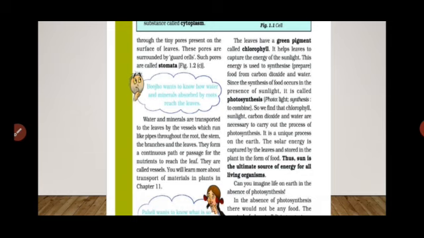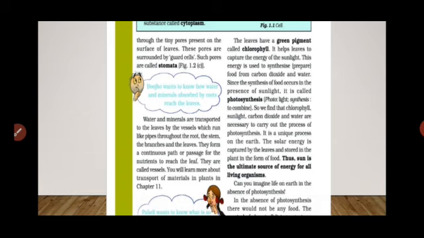Can you imagine life on the earth in the absence of photosynthesis? Students, can you imagine? The question asked by the book is, if plants are not carrying out the process of photosynthesis, then how do we live? We can't live. Why can't we live?